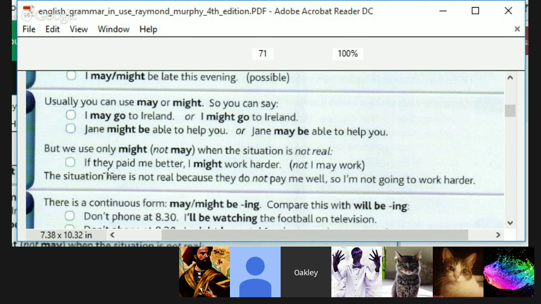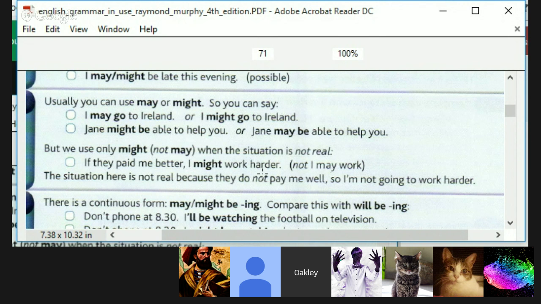You can say, if they pay me better, simple present tense instead of past tense in the if clause. Then you can say, if they pay me better, I may work harder. This is a conditional sentence, and you're indicating that it is a real conditional, first conditional, and that it is actually possible.